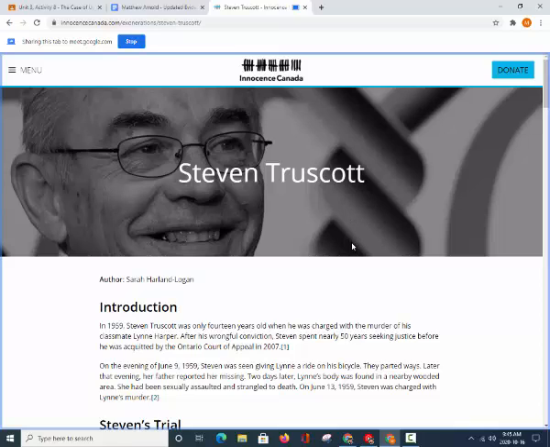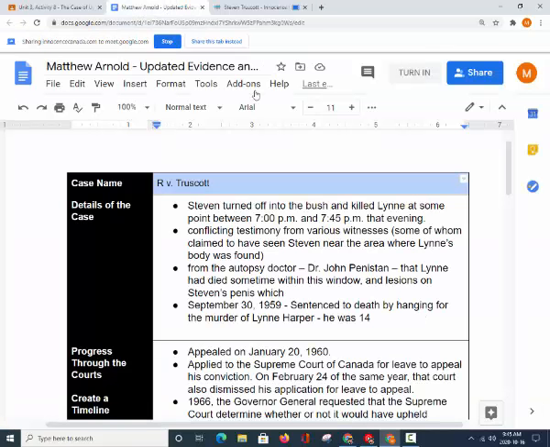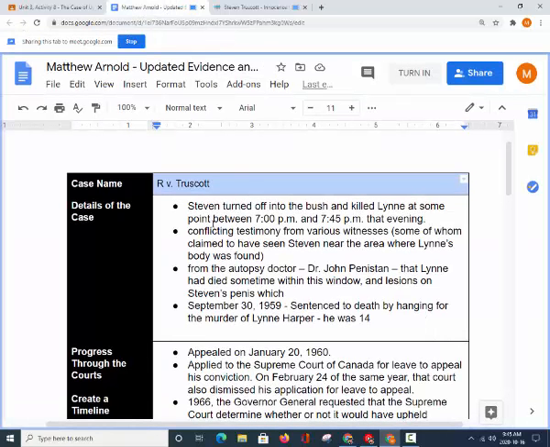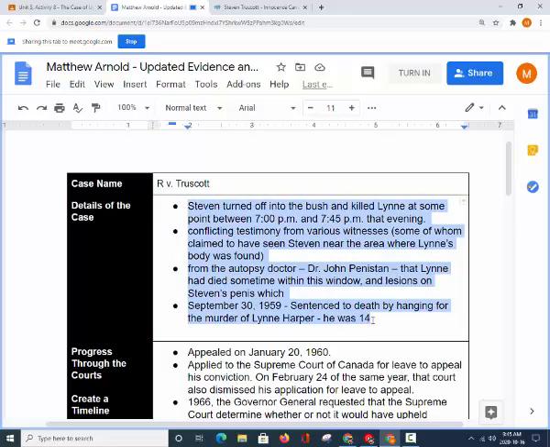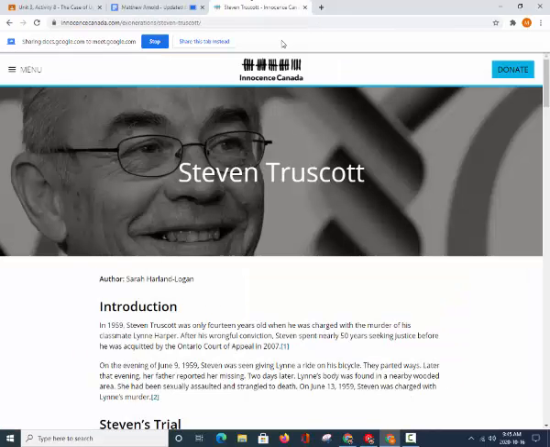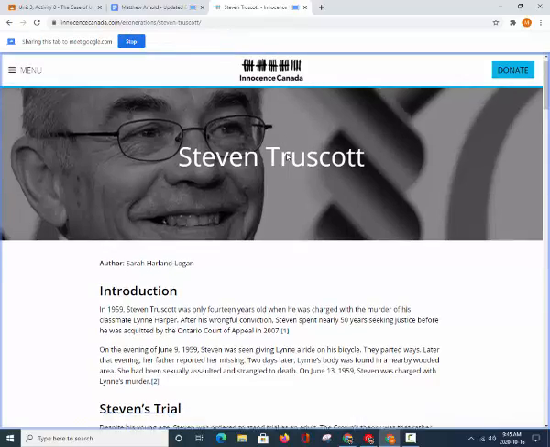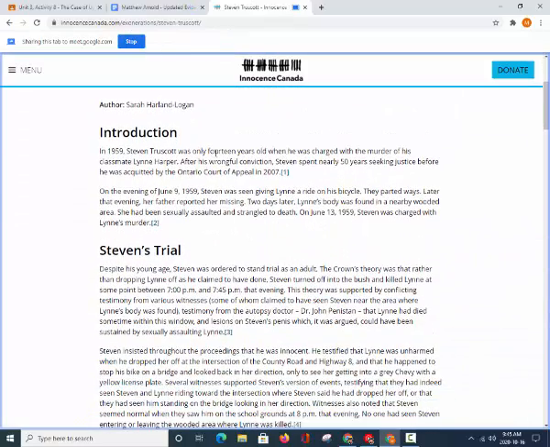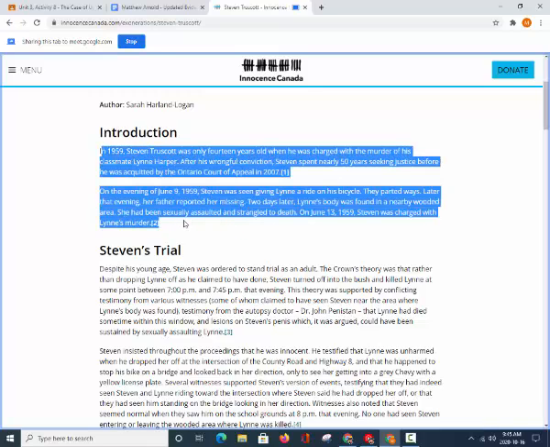So the first part of the activity asks you to add details of the case. So a summary of the details of the case. So I've taken that from the top of the page here in the introduction.